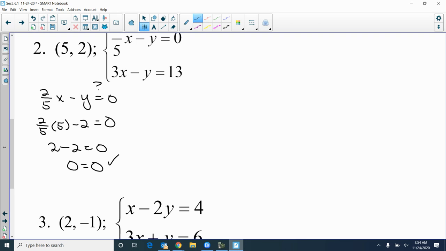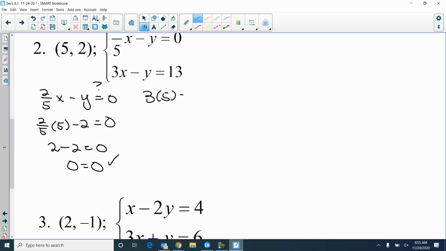Ooh, I'm gonna grab some of the protractors. So 5 times 3 equals 15. No. Well, yeah, I guess so, you plug in the 5, you plug in the 2 for the y. Did it work now? No? Oh, yes. All right, it should work.